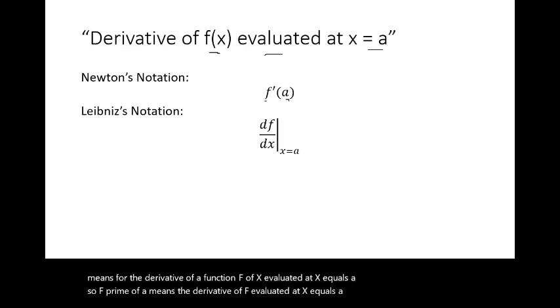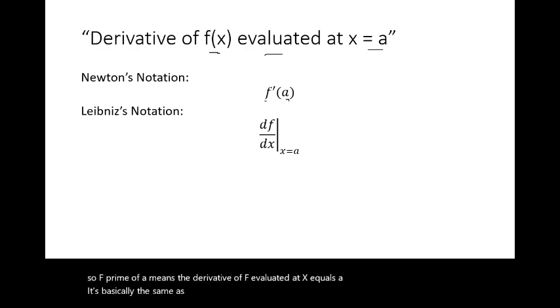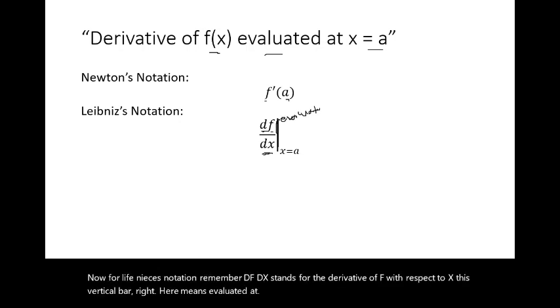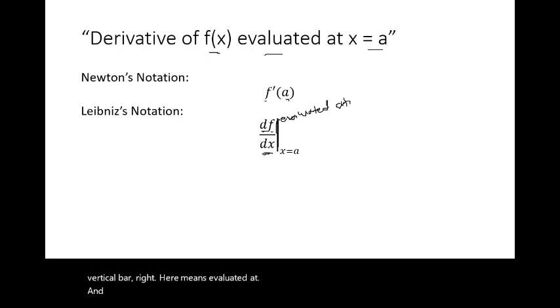It's basically the same as function notation. Now for Leibniz's notation, remember df dx stands for the derivative of f with respect to x. This vertical bar right here means evaluated at. And it is evaluated at x equals a. Be prepared to use both. You will be responsible for both, and you will be using both.